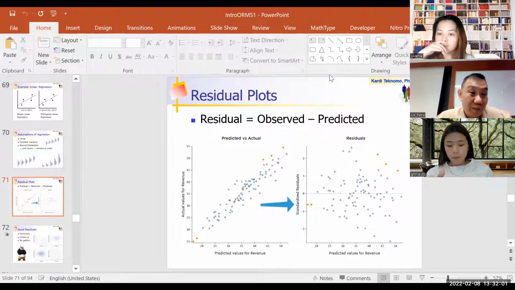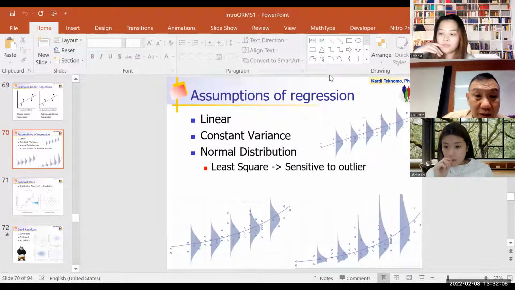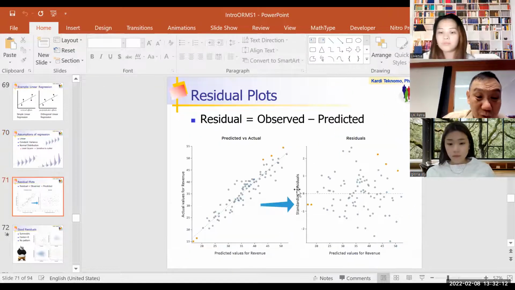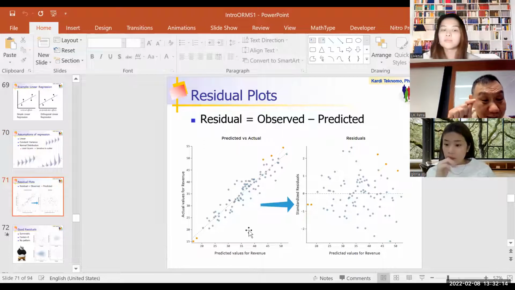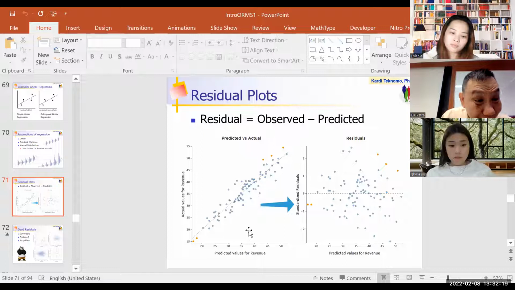So the question is, how do you know that this model is actually linear, with constant variance and normal distribution? If you go to Excel and run simple linear regression, have you ever tried?